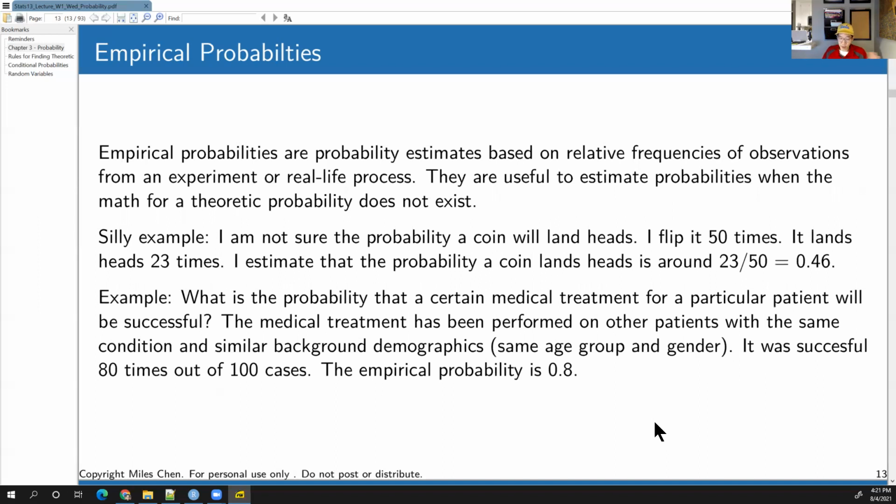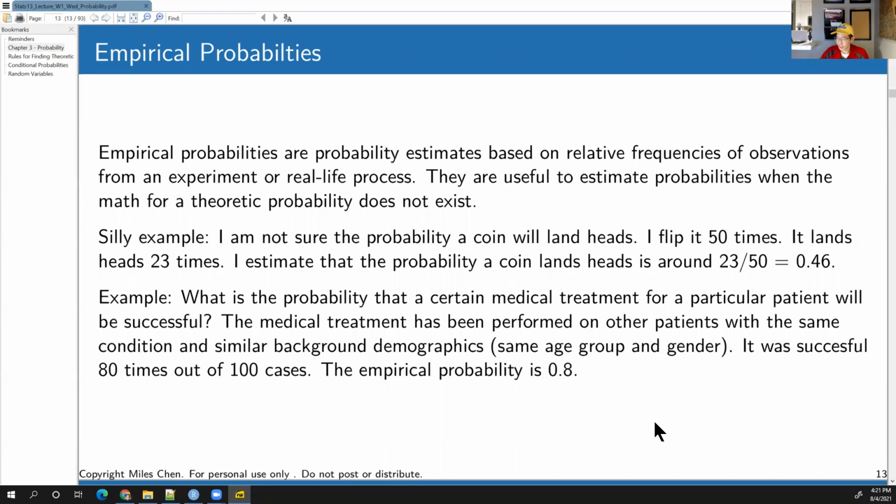And empirical probability, on the other hand, these are estimates of probability, and they are based on actual observations from a real life experiment, or perhaps even a simulation or something. And we often have to resort to empirical probabilities because the math to find the theoretic probability just doesn't exist in real life, right?